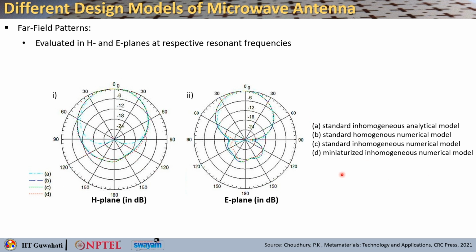So, A is basically the standard inhomogeneous analytical model, B is the standard homogeneous numerical model, C, that is basically this dotted line, is the standard inhomogeneous numerical model, and finally you have D, which is a miniaturized inhomogeneous numerical model, right. So, remember they are all calculated at their respective resonant frequencies, right.